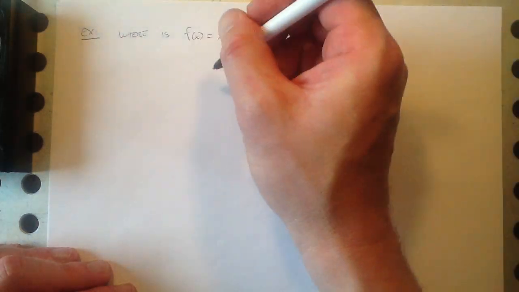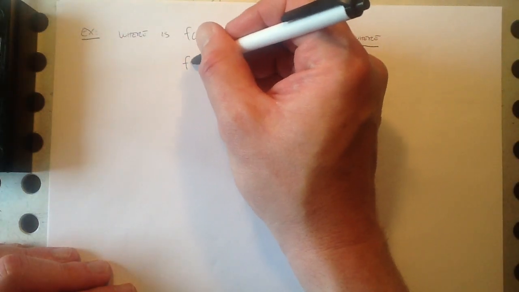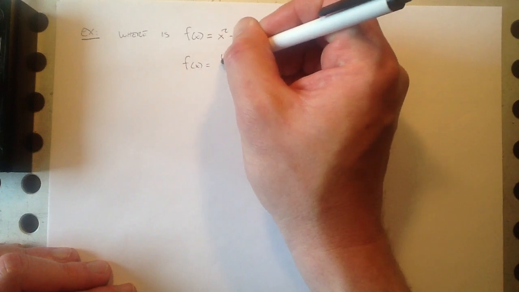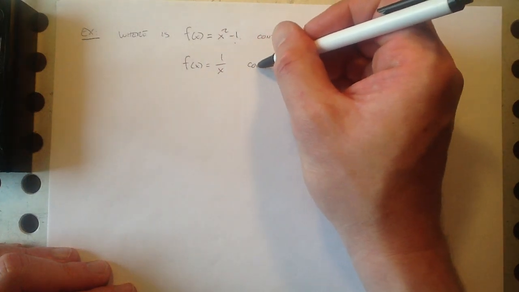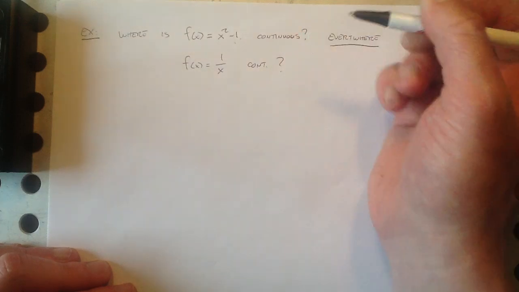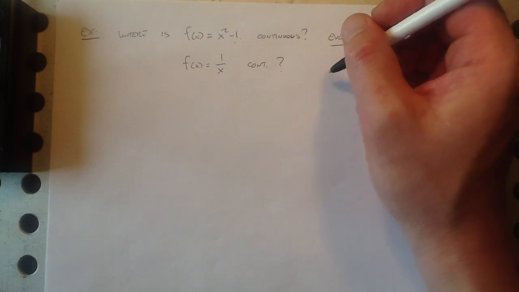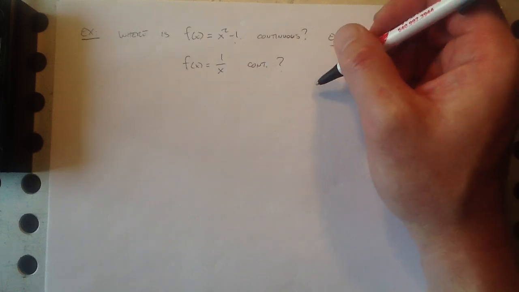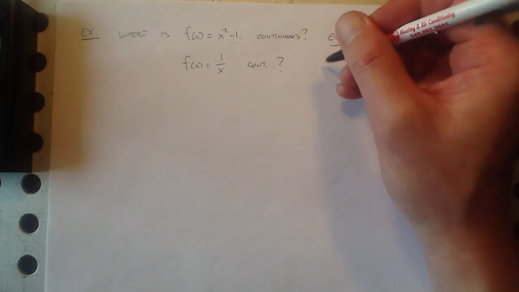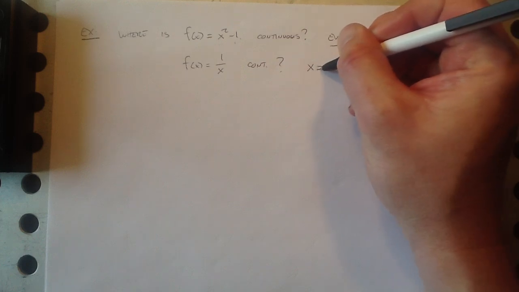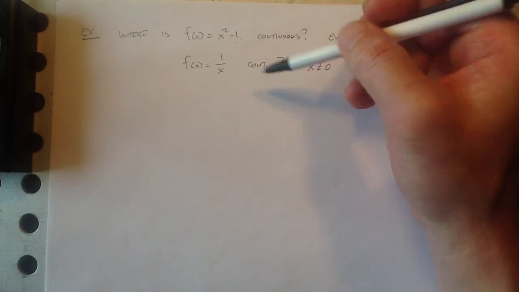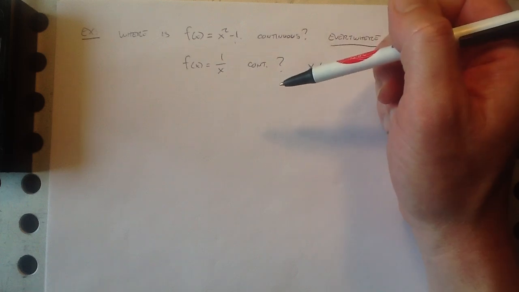So how about this? Where's 1 over x continuous? Well, it's continuous everywhere except 0, because there's a vertical asymptote at 0.